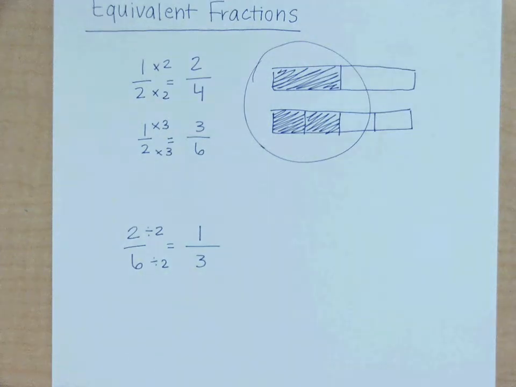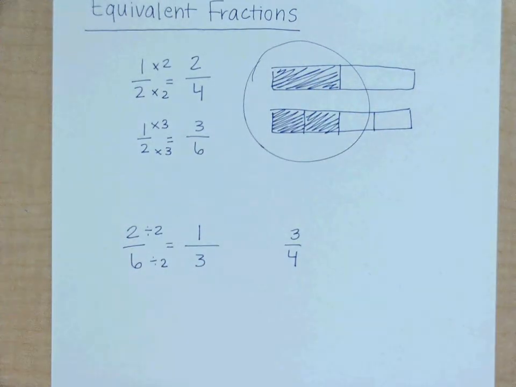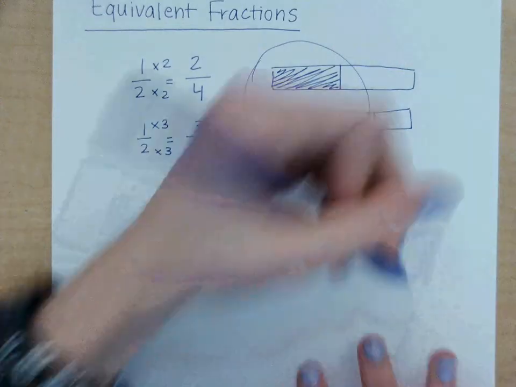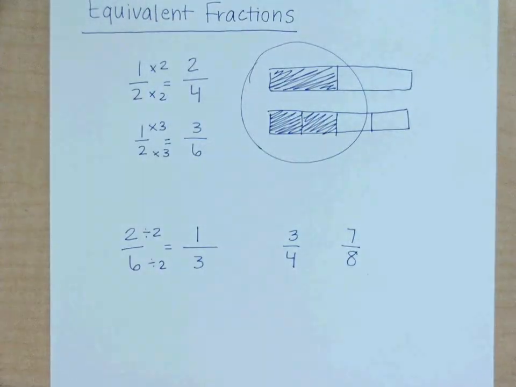Okay? What if I had 3/4? Can I simplify that to find an equivalent fraction? No, because it's already in simplest form. So what's the only other way I could find an equivalent fraction? I would need to multiply. What if I gave you 7/8? Can I simplify?